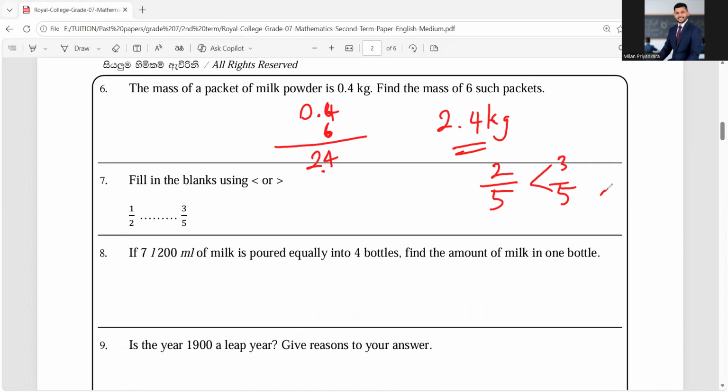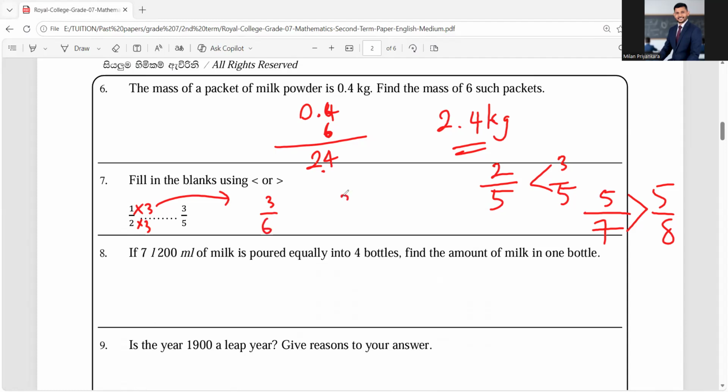So if you have numerators equal, let's say 5 over 7, 5 over 8. Now which one is greater? This one, right? Here you can make the numerators equal, but it is easy to make the numerator equal. You multiply this by 3, this by 3. Now from this one, you get 3 over 6.